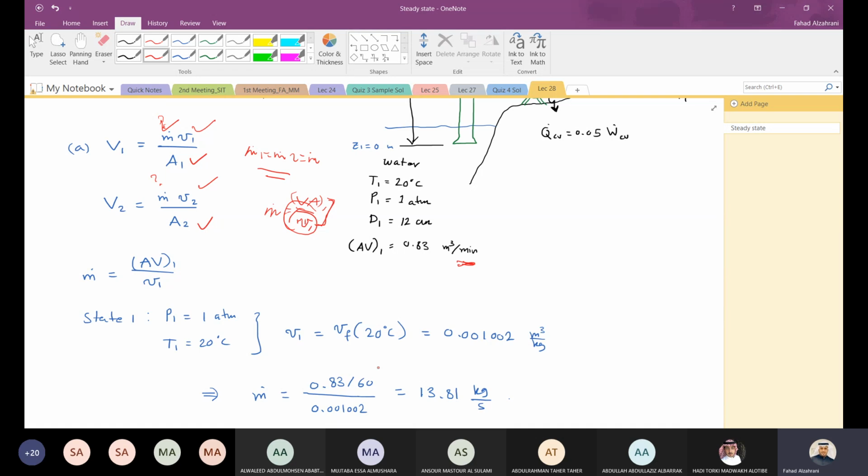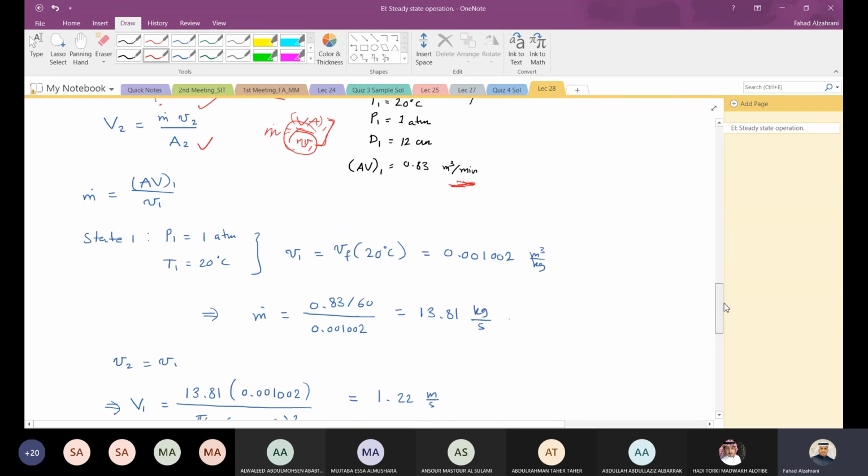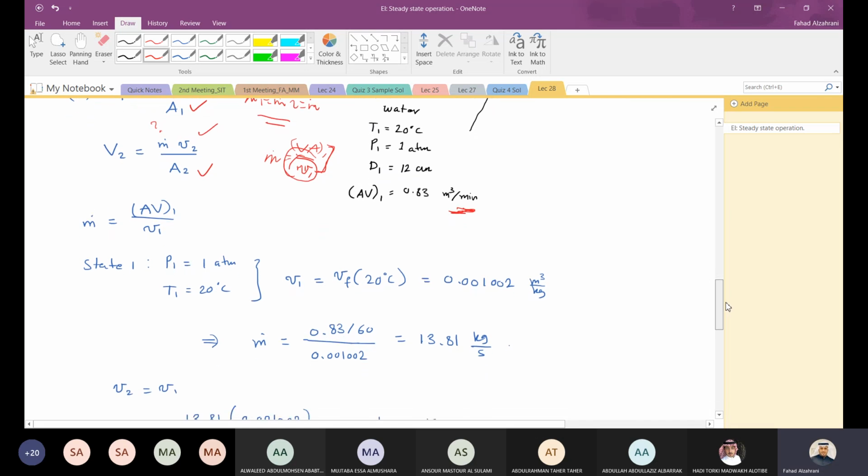Always write units. Whenever you write a number, you have to have a unit. Okay? Don't write numbers without units. You will miss points. I will deduct points. So, you have the volumetric flow rate divided by the specific volume, and you get the mass flow rate as 13.81 kilograms per second. Okay?